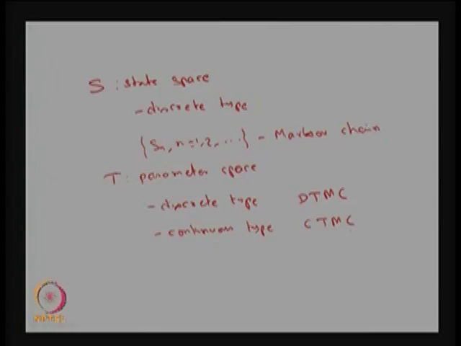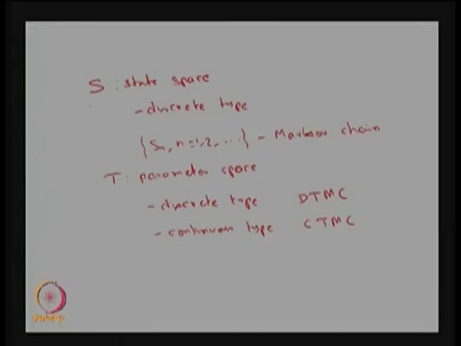So, in this example, the state space of S n is of discrete type and the parameter space is also of discrete type. Therefore, in the given example, S n is a discrete time Markov chain. In this model we are going to study the discrete time Markov chain. In the next models, model 4 and model 5, we are going to discuss the continuous time Markov chain.